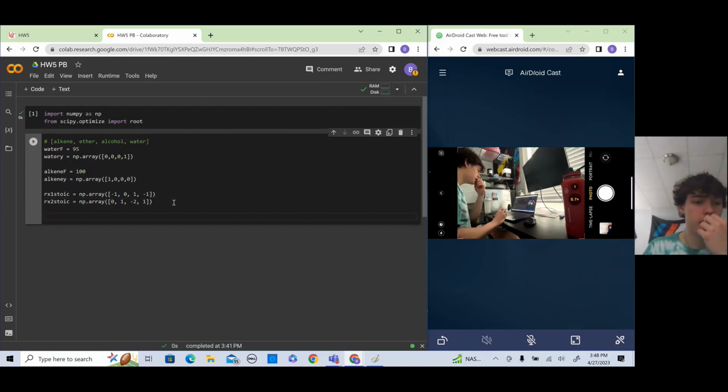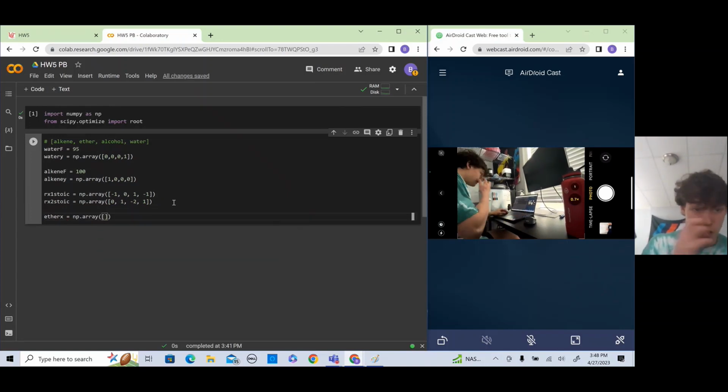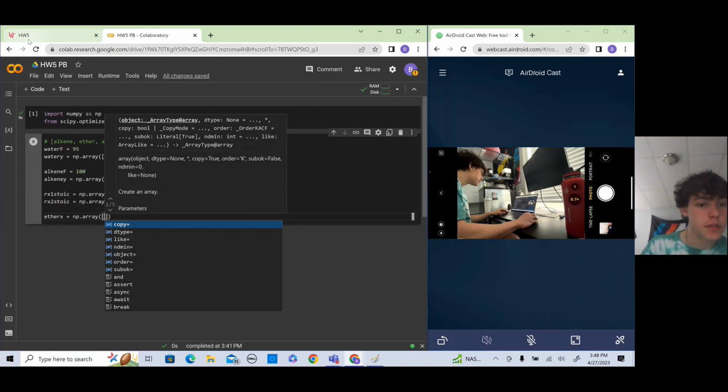And the last thing we need to determine is our molar composition of our products. So our ether X is another array, and we can go check what that's supposed to be real quick.